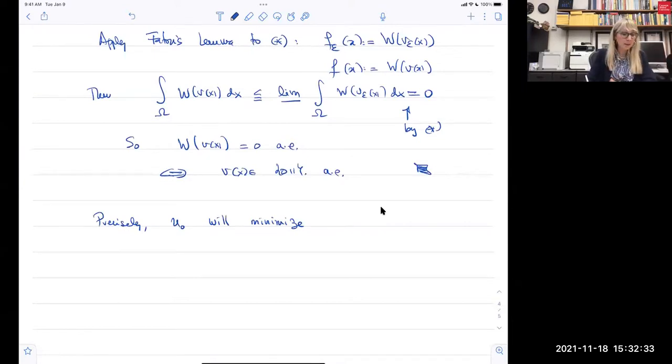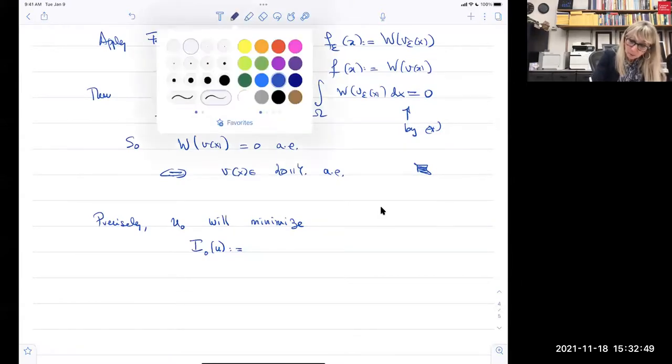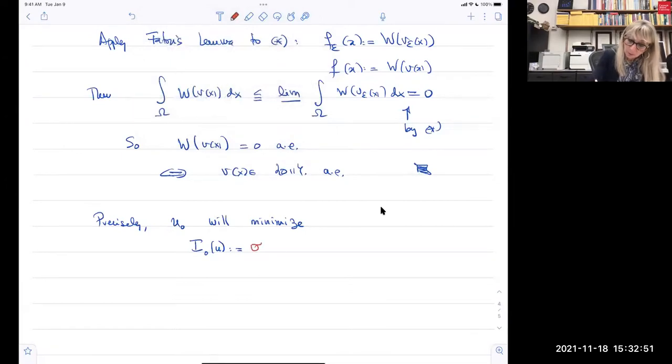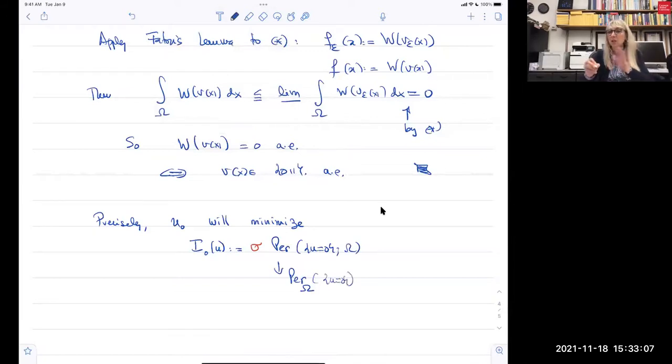When we go through the analysis, it will minimize a function which I'm going to call I naught of u, which is some sigma times what I told you before, the perimeter of the phase u equal to naught in omega. This sometimes is also written like this. This is just notation, but sometimes I use one, sometimes I use the other. I'm not too consistent.